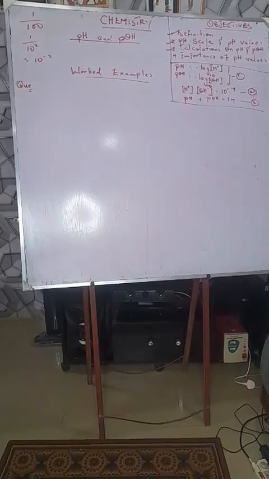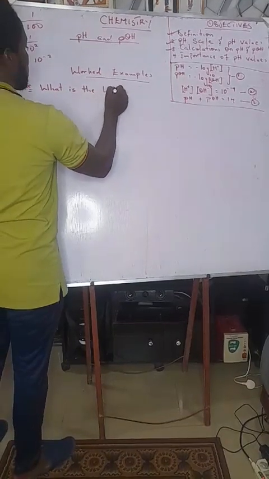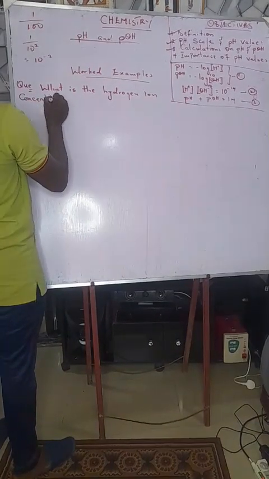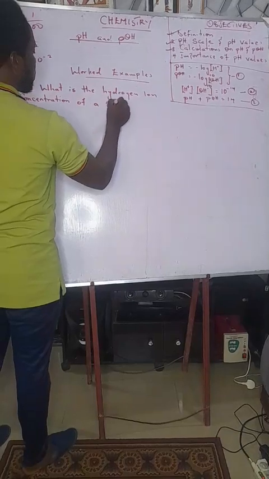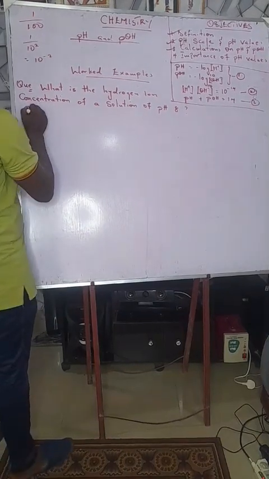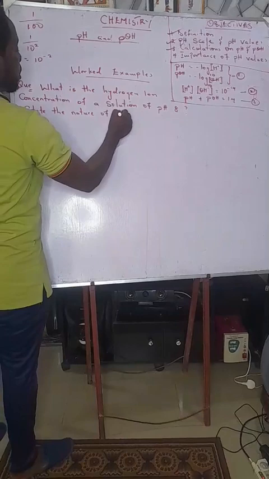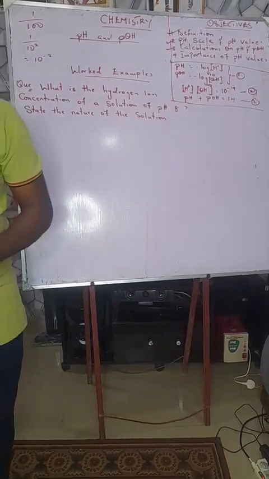What is the hydrogen ion concentration of a solution of pH 8? Then state the nature of the solution.